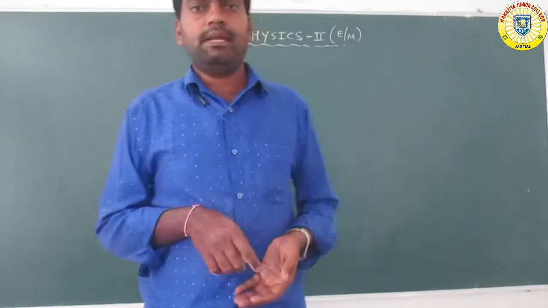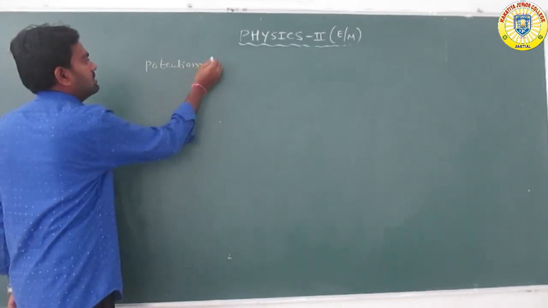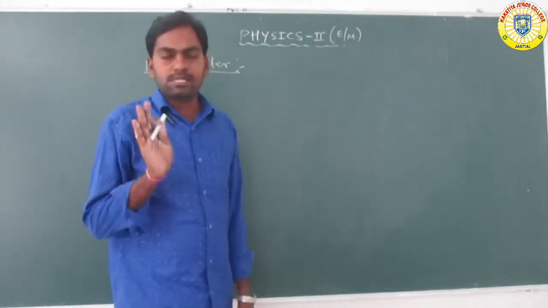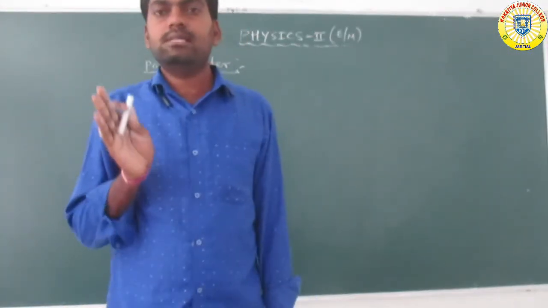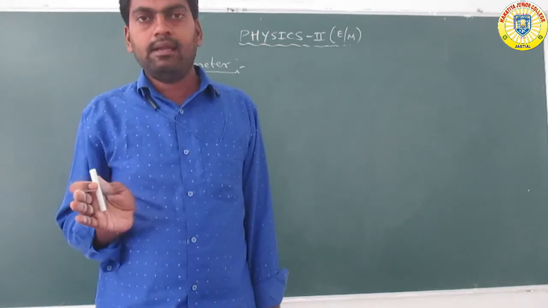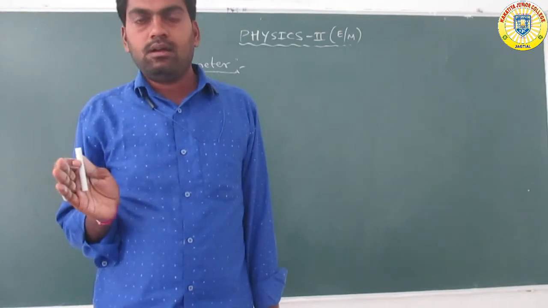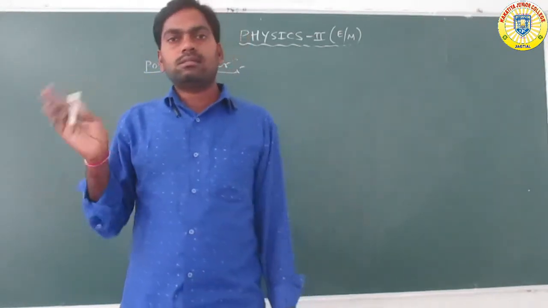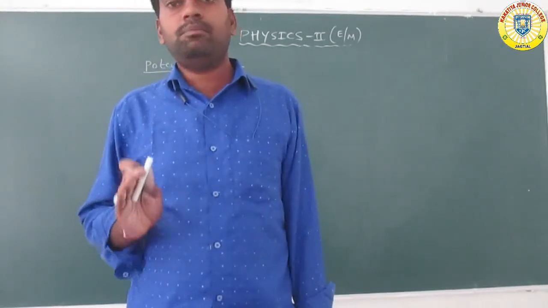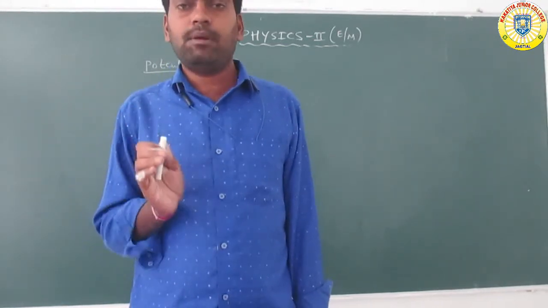So what is the potentiometer? The potentiometer is based on the principle that when a steady current flows through a wire of uniform area of cross section, the potential difference across any portion of the wire is directly proportional to its length.